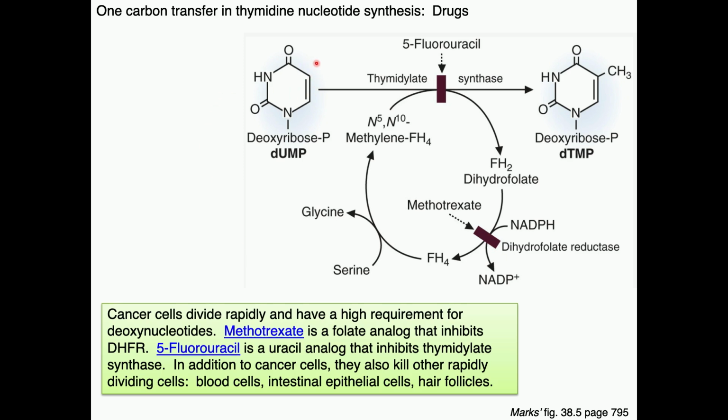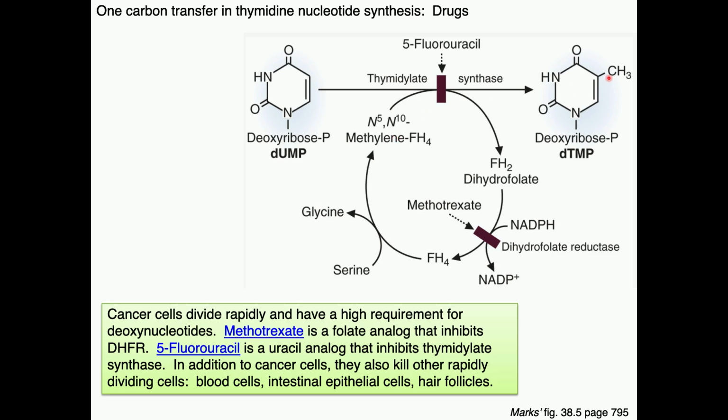The difference between the uridine base and the thymidine base is the presence of this methyl group. So if methyl tetrahydrofolate was a donor, then we'd have a methyl carbon here and a methyl carbon here, and that would be the end of it, right?